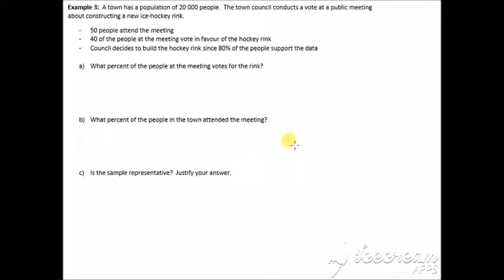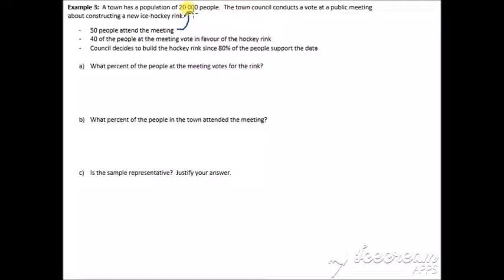A town has a population of 20,000 people. The town councillor conducts a vote at a public meeting about constructing a new ice hockey rink. Okay, so let's talk about this. 50 people attend the meeting out of 20,000, so not many.